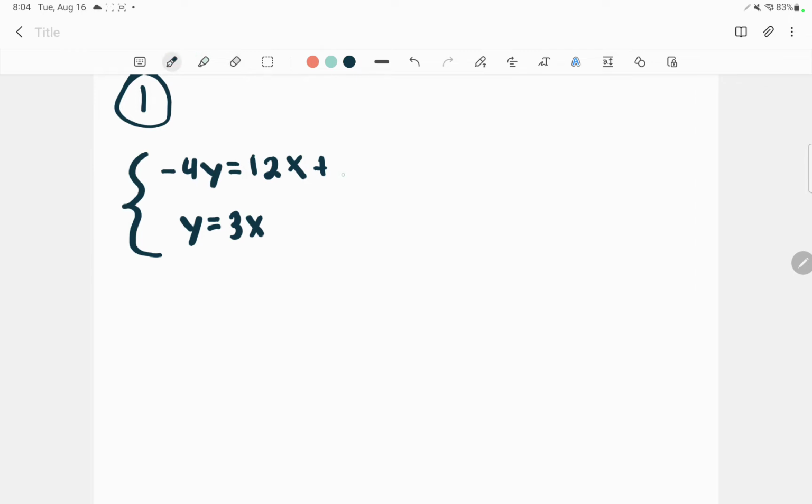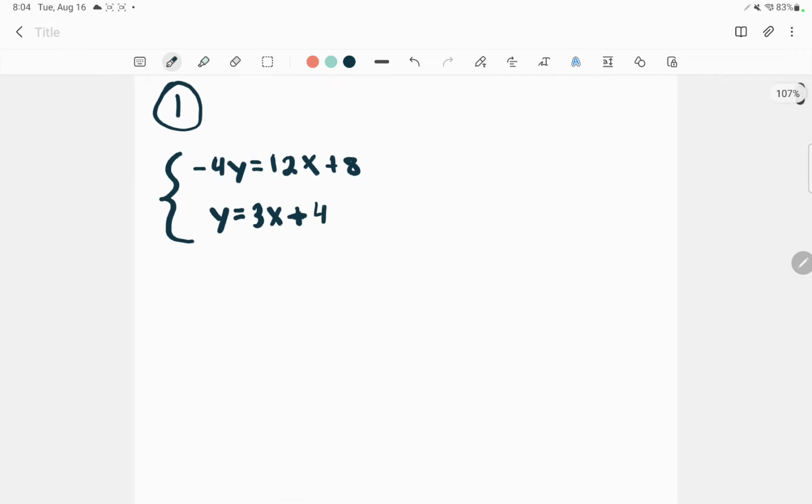Instead of doing plus 10, you're actually going to do plus 8. I want you to do a plus 8 on there, and on the bottom is going to be plus 4. Okay, that's going to be the first problem that we're going to be working.